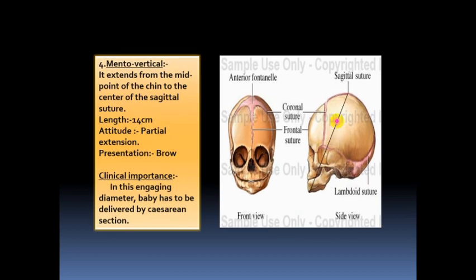If the fetal head undergoes partial extension, then the presenting diameter in this case will be mentovertical, which is the diameter extending from the midpoint of the chin to the center of the sagittal suture.